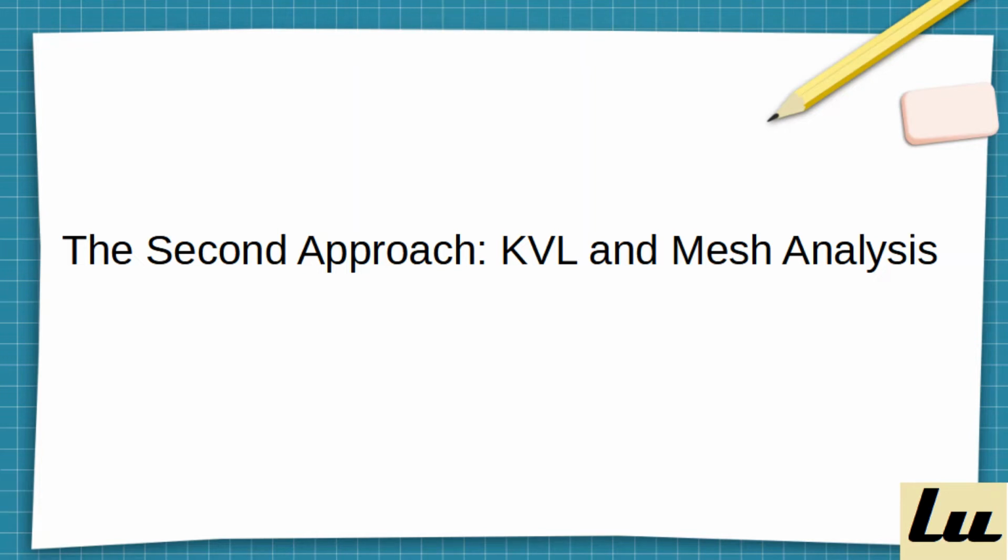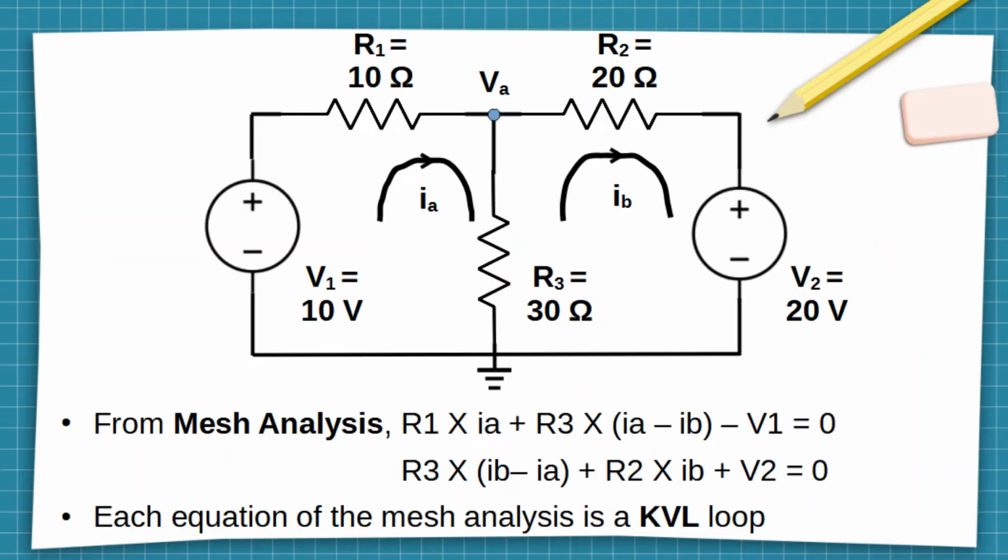Second approach, using KVL and mesh analysis. From mesh analysis, R1 multiply IA plus R3 multiply IA minus IB minus V1 equals 0.